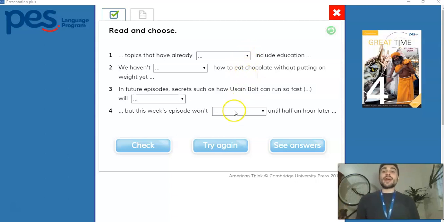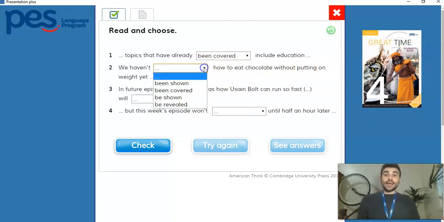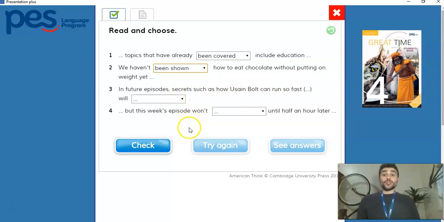So here in number 1 we have topics that have already been covered, include education, and so on. 2, we haven't been shown how to eat chocolate without putting on weight yet. 3, in future episodes, secrets such as how Usain Bolt can run so fast will be revealed, right?